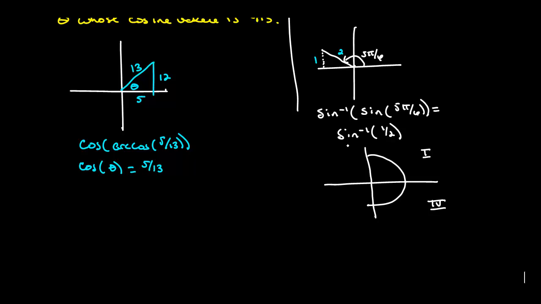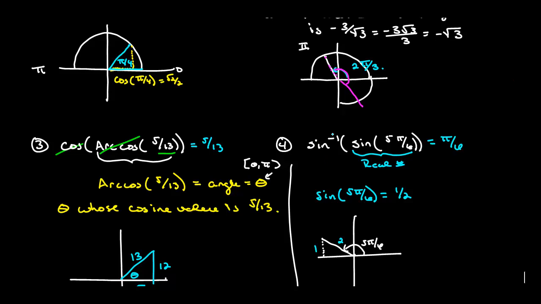So this question asks us, what angle, because this has got to output an angle, has a sine value of 1/2? Well, it's got to be on this portion of the circle. So that angle, guys, is pi over 6. So this thing is equal to pi over 6.